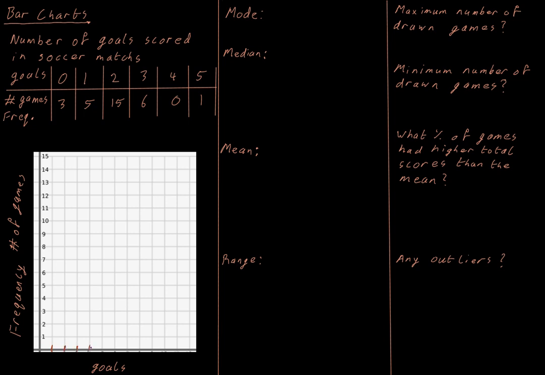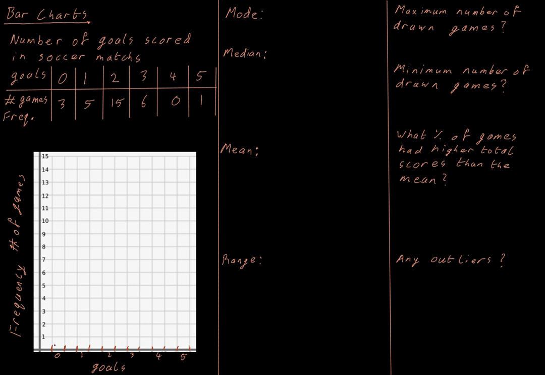This is going to be my 1 group, 2 group, 3 group, 4 group, and 5 group. I'm going to write them in now. So this is for 0 goals. This is for 1 goal. This is for 2 goals, 3 goals, 4 goals, and 5 goals.